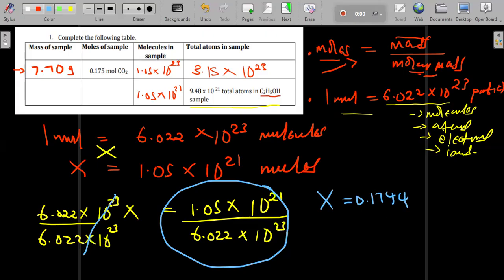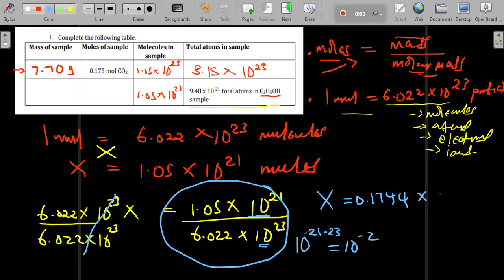And then now let's divide the 10 to the power 21 and the 10 to the power 23. Here we are dividing exponentials that have the same base. They both have 10 and they are dividing, so you write the same base and then you subtract their powers, which is 21 minus 23. This is going to give me 10 to the power minus 2.